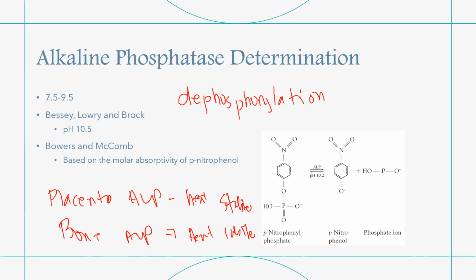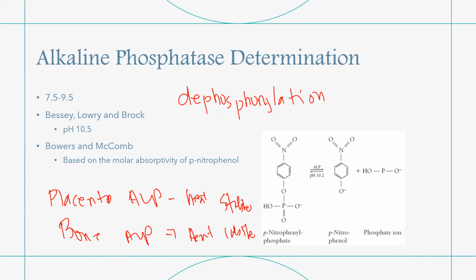All right. So we have what we call the Bessey-Lowry and the Brock method. In this method, para-nitrophenol phosphate, when buffered at pH 10.5, is hydrolyzed by alkaline phosphatase into para-nitrophenol and phosphate.